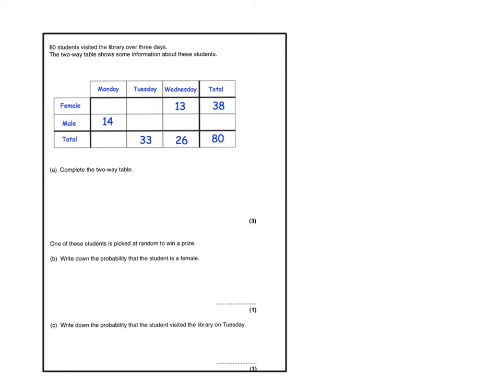80 students visited the library over 3 days. The two-way table shows some information about these students. Complete the two-way table. So the first thing I'm going to notice is that 38 plus something is 80.